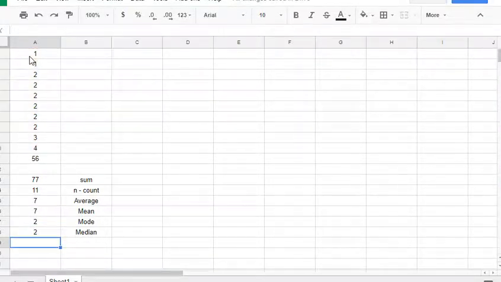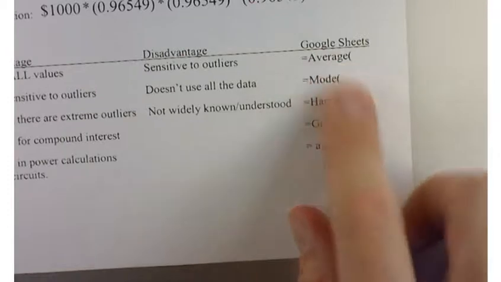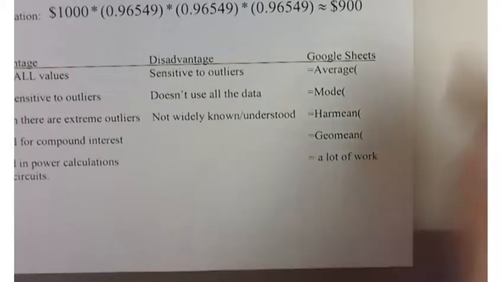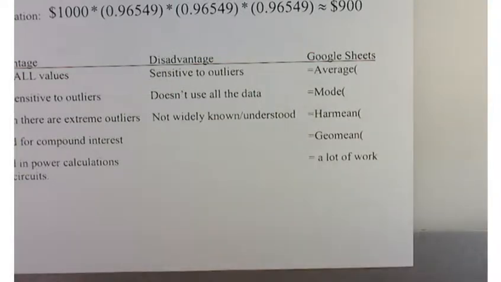Now, you do not have to have all these commands memorized. If and when I need you to do something on Excel, say during a test, I'll give them to you. And on the back of your sheet, here they are. So here are your commands that you would use.